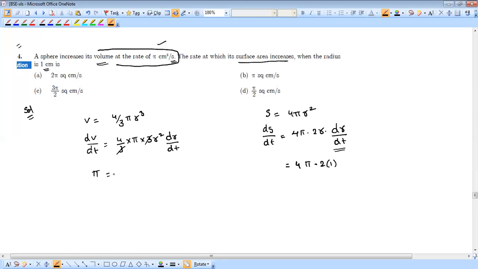So let us take 4 pi r squared, and the r value is also given. It is 1 squared into dr by dt.